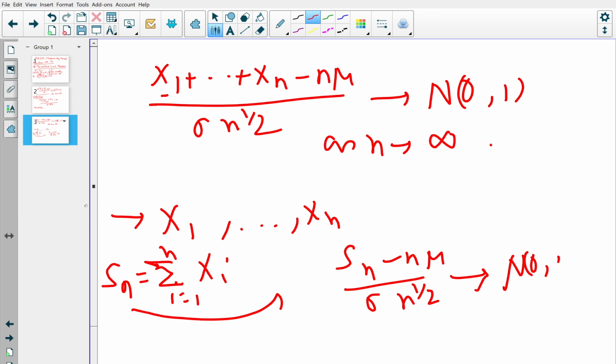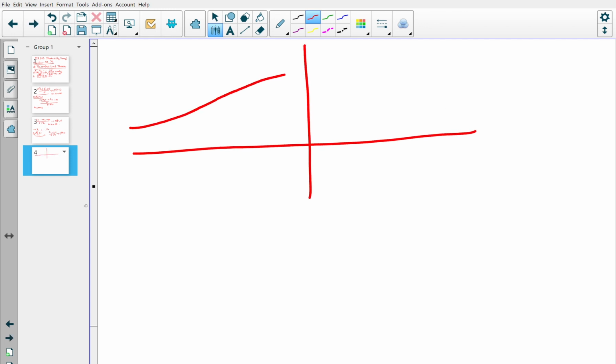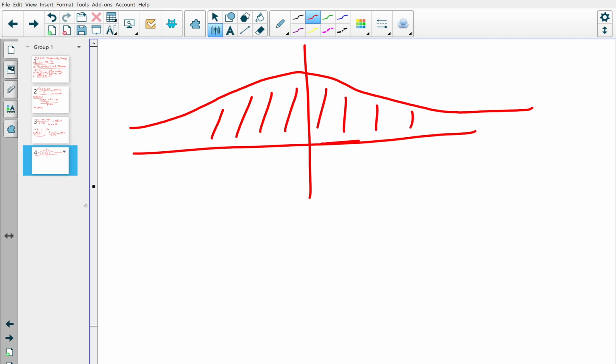So if you collect a large sample, no matter what the sample size, on average they follow the standard normal distribution.